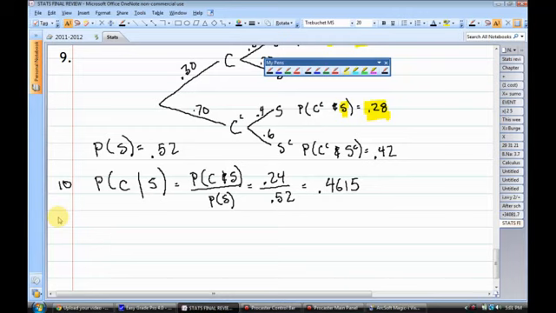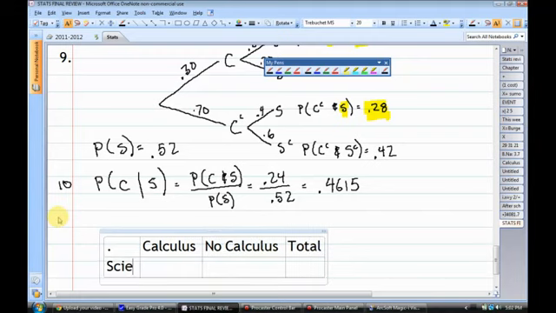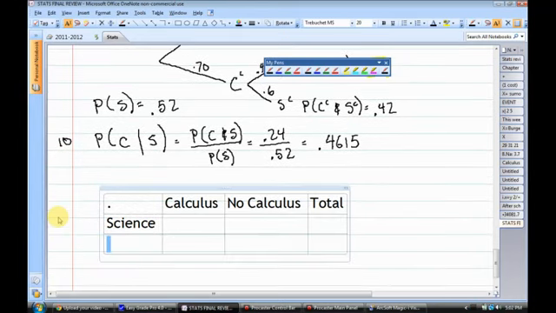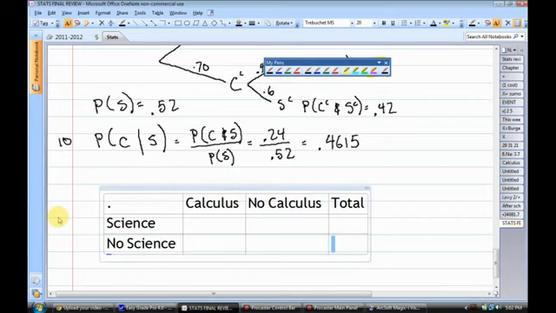Okay, an alternative way to do this is to set up, of course, your table. The first one we have is calculus and no calculus, total. Science, no science, total.